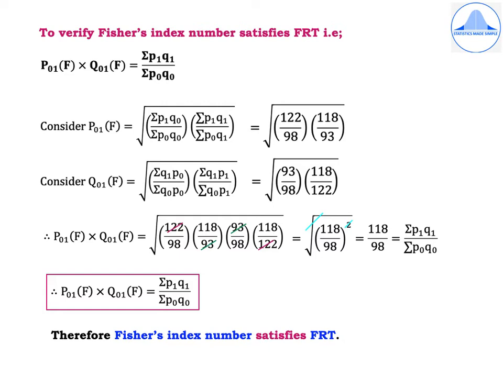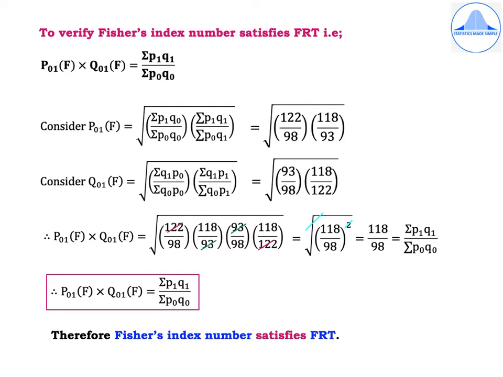Now let's write the Q01 of F formula, which is equal to root summation Q1 P0 divided by summation Q0 P0 into summation Q1 P1 divided by summation Q0 P1, which is equal to root 93 by 98 into 118 divided by 122.